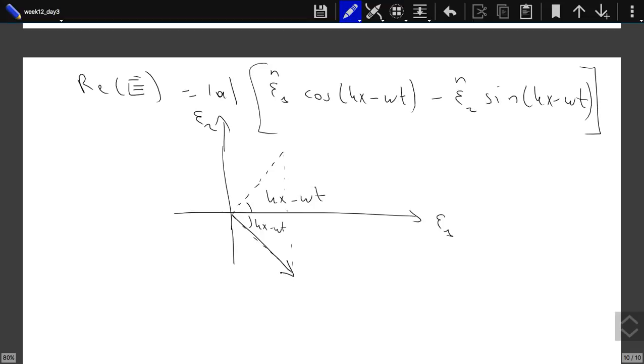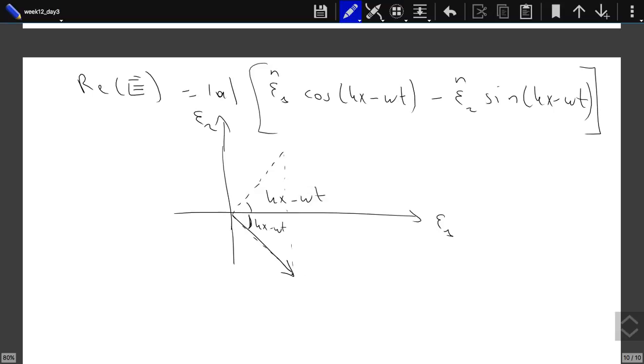So this is my vector. As time increases, that angle becomes smaller and smaller.